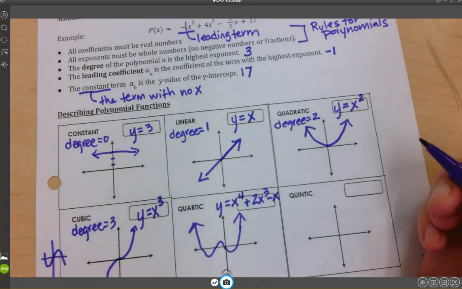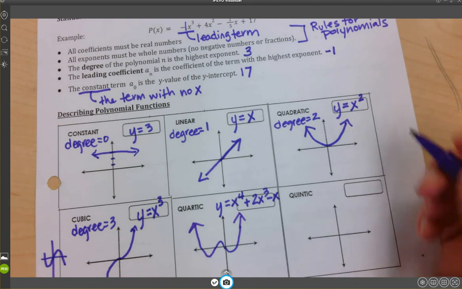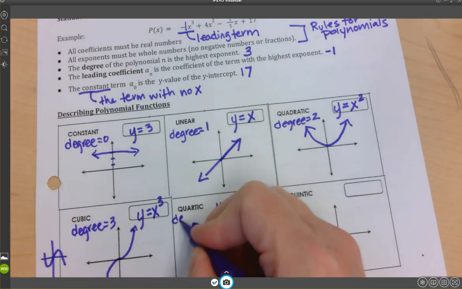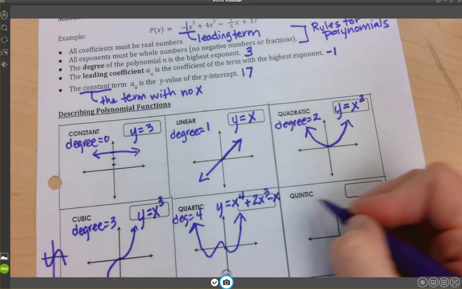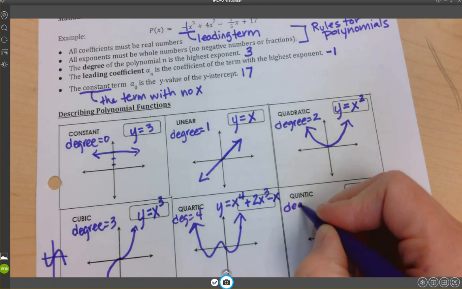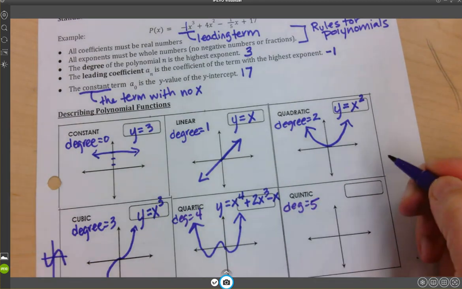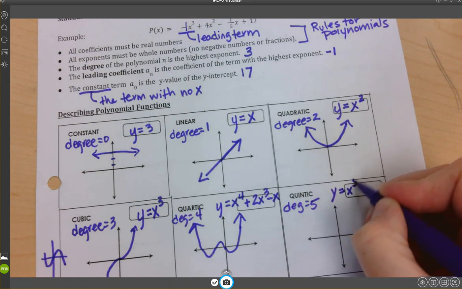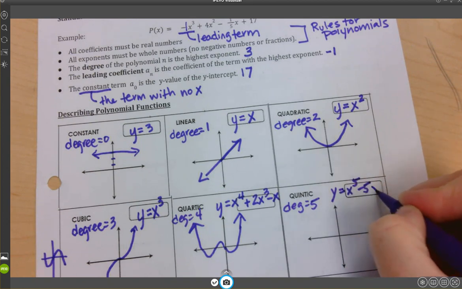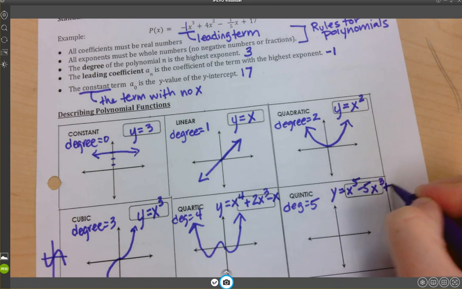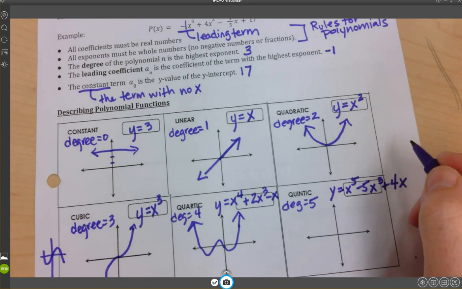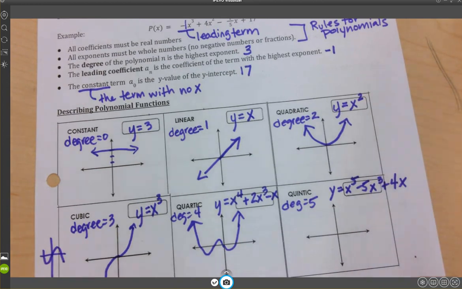You should see it look like a W shape. And to get a quintic, you're going to need to have a 5th degree. So let's go back. This was degree is 4, and quintic is when your degree is 5. And one example is y equals x to the 5 minus 5x to the 3 plus 4x. And that one is going to look a little bit different.